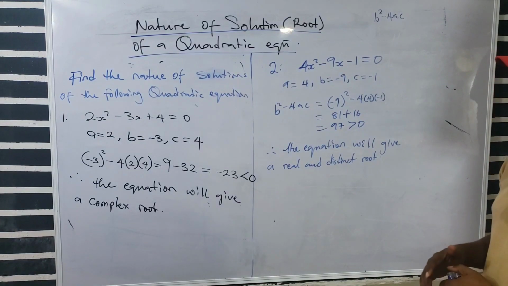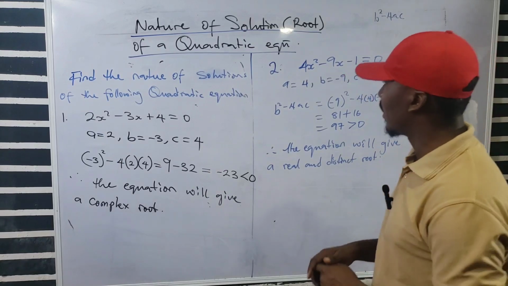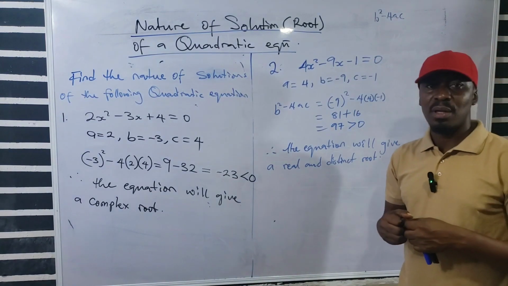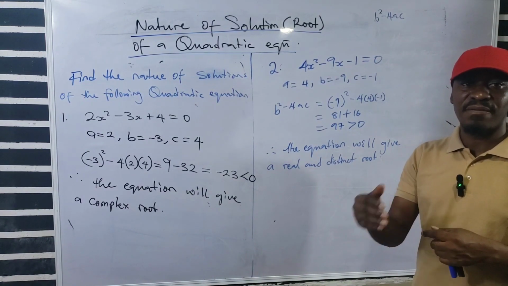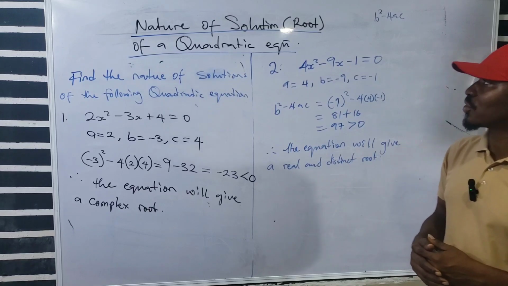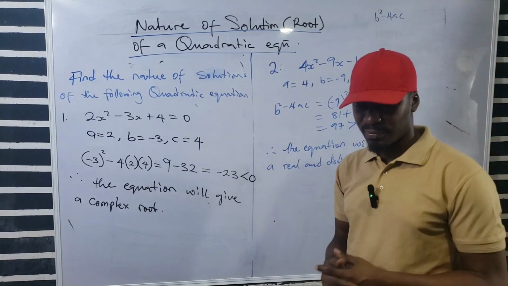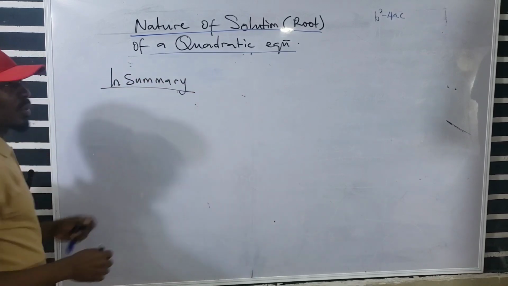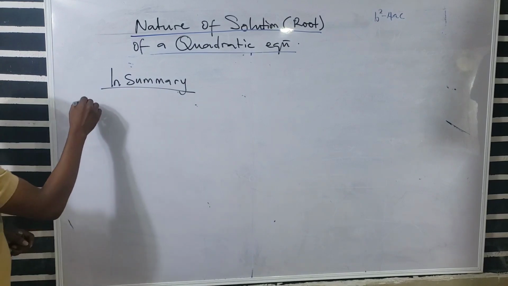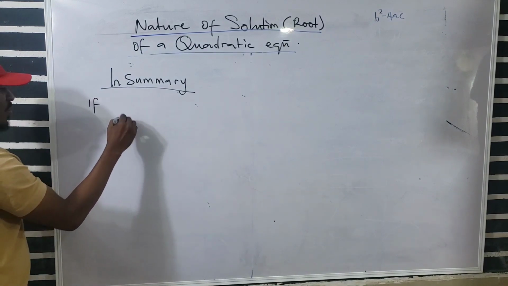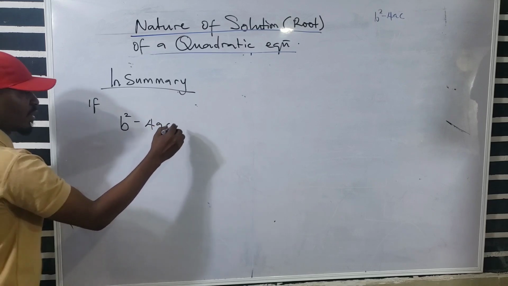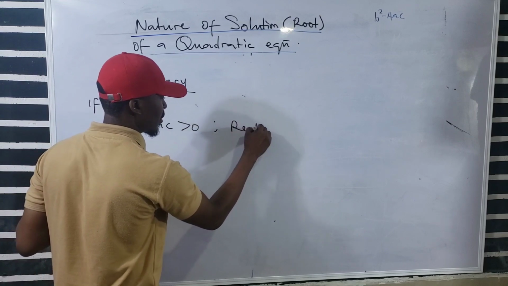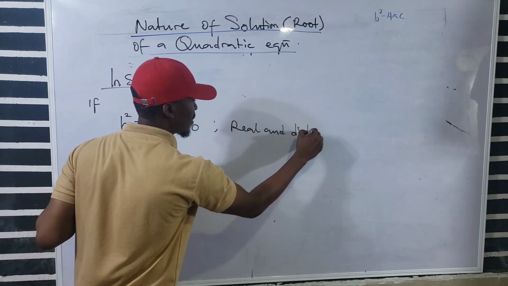That's a very simple topic. So let's summarize the lesson, or let's write out something that you can take and follow anytime you want to solve for the nature of solution of a quadratic equation. In summary, number one, if b square minus 4ac is greater than 0, that's real and distinct roots.